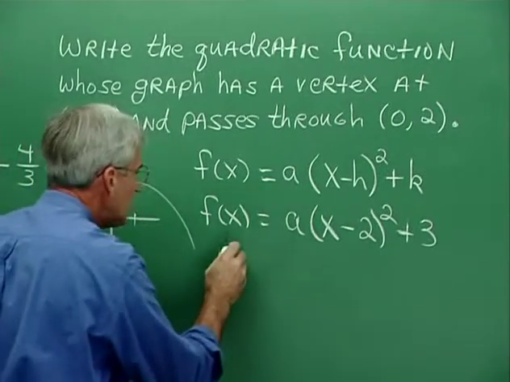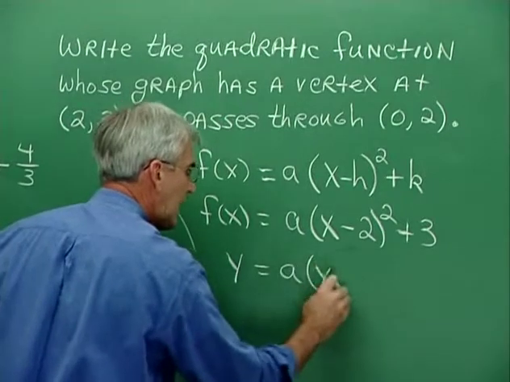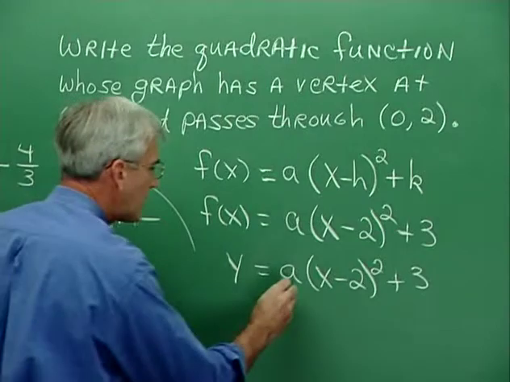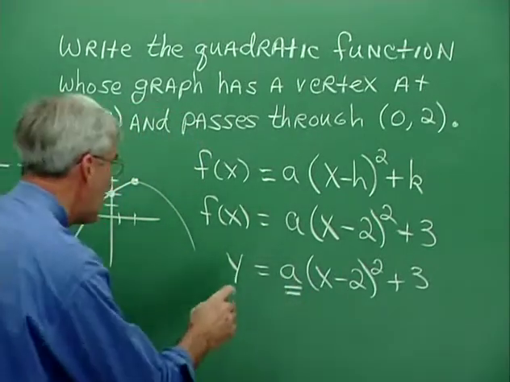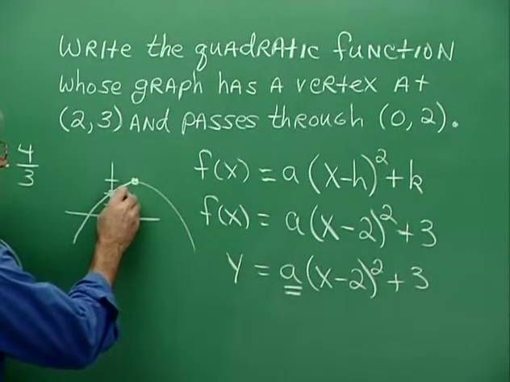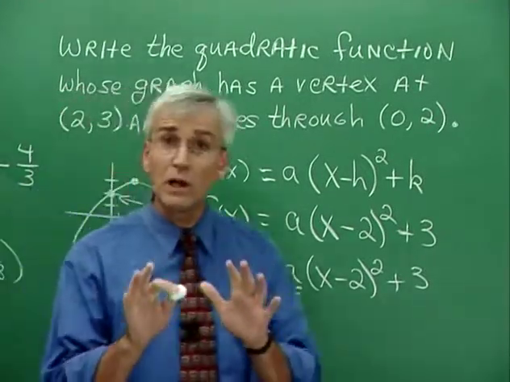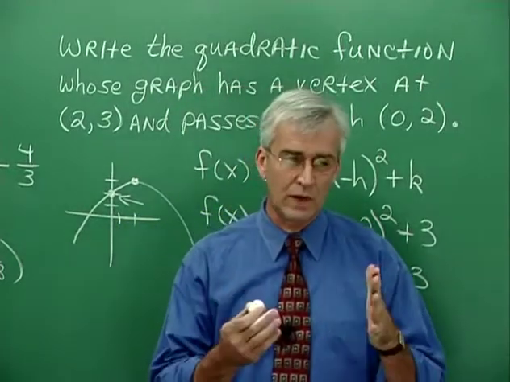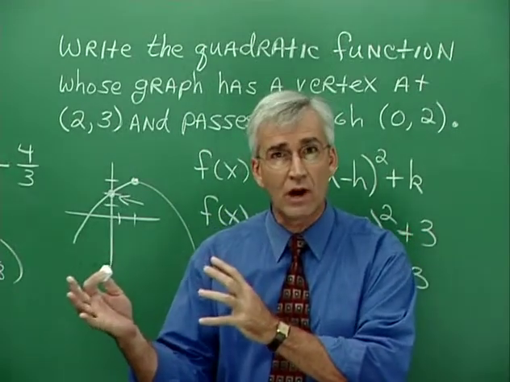Now, we can write f of x as y equals A times (x minus 2) squared plus 3 if we want to. The trick here is to identify the value of A. Now, how do we do that? Well, it turns out that we use the information about the coordinates of that point that's on the graph. We realize there is a great relationship between the points on a graph and the equation describing the graph.